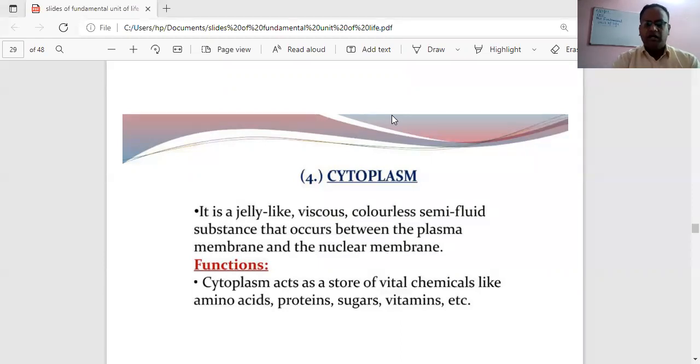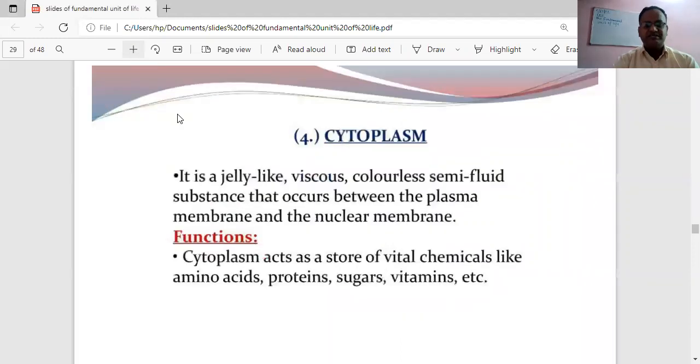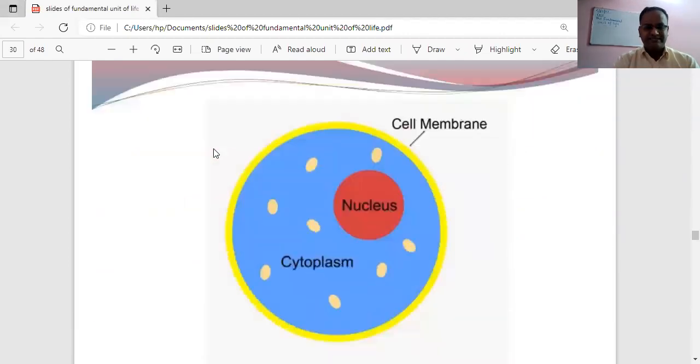Now today we will be discussing the following. First we'll be discussing the next component, that is the cytoplasm. If we look at the image in a simple sense, a cell is surrounded by the cell membrane. Within the cell membrane, we have the nucleus.